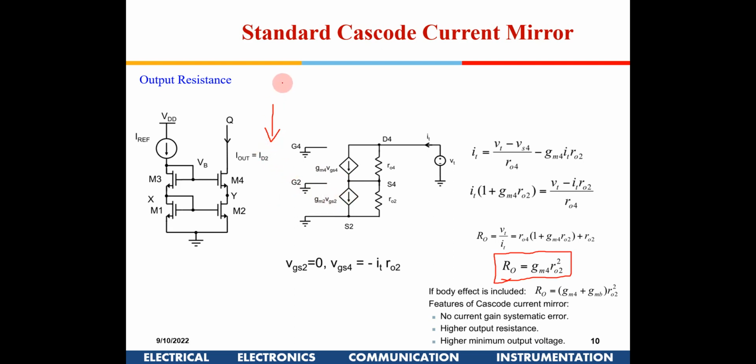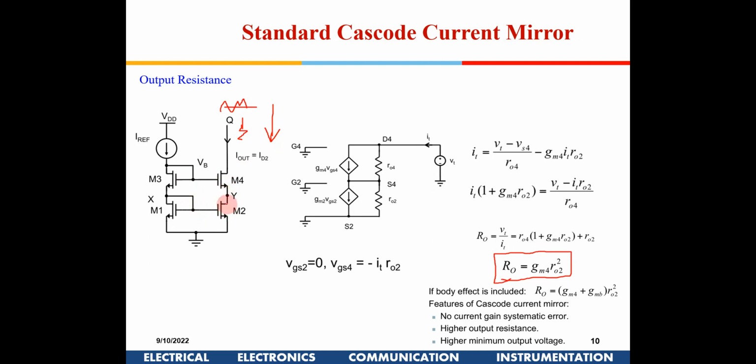When a small signal is applied on top at out, lesser small signal current will flow here because it is a much bigger resistance. It is R0 square into GM, so the resistance has gone up by several orders. That is the reason we can use this particular circuit.